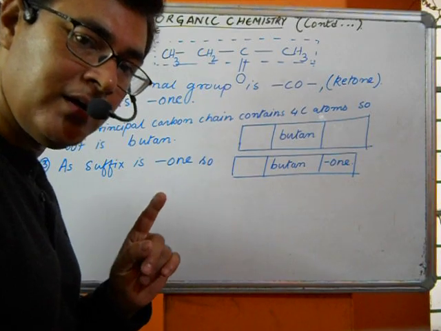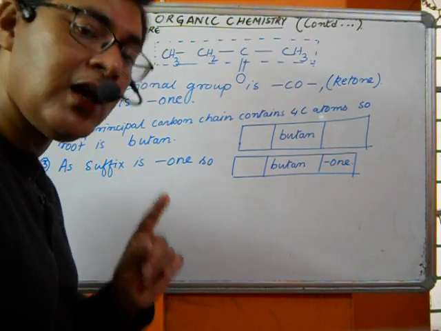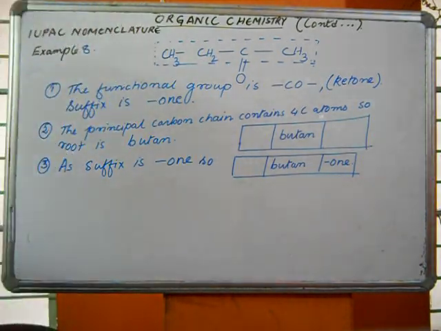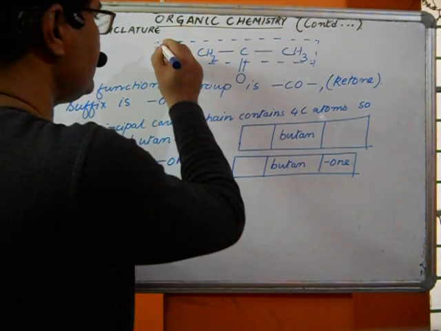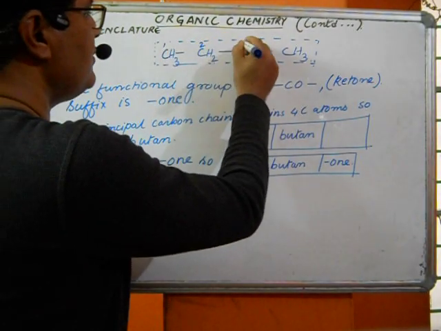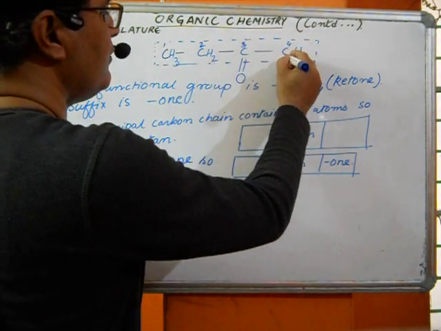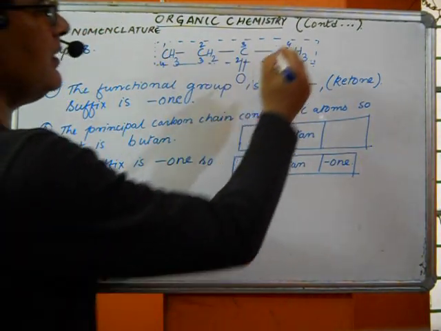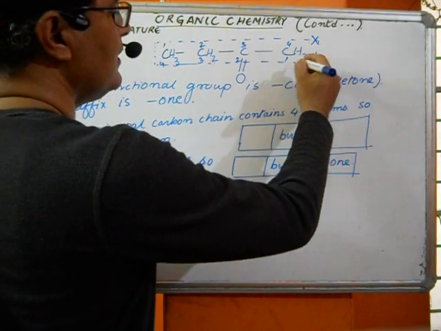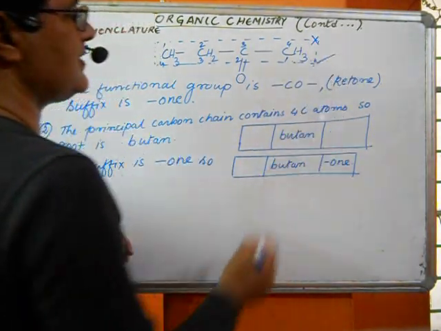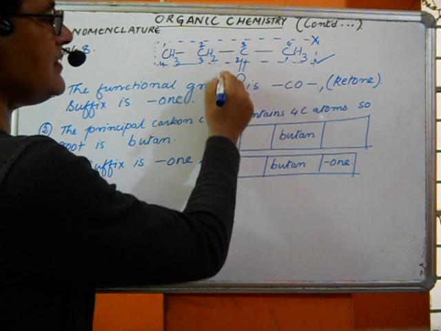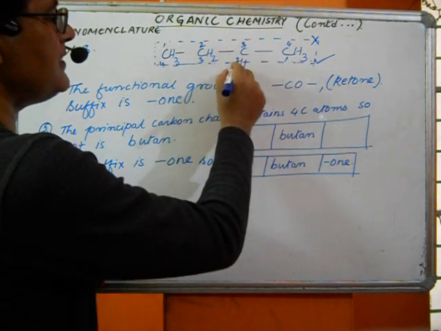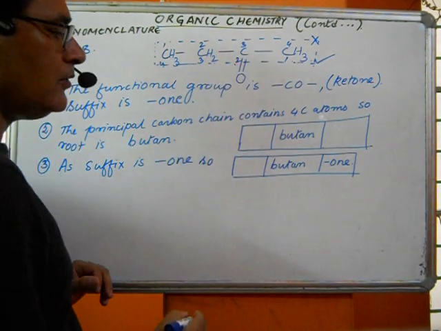Once again, remember, the functional group should get the lowest location number. So let us number it. 1, 2, 3, 4. 1, 2, 3, 4. This is wrong. This is correct. Why? That CO is at position number 2.